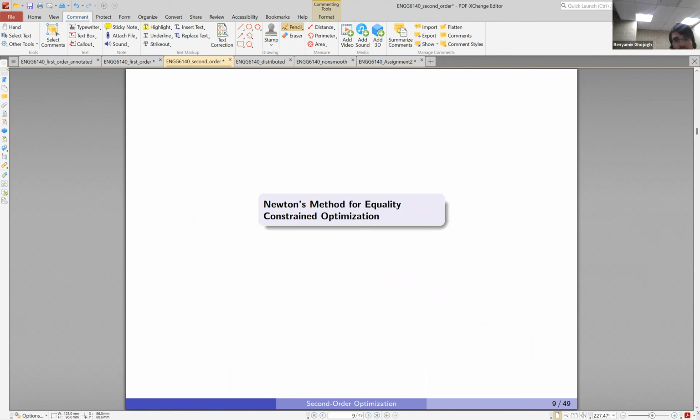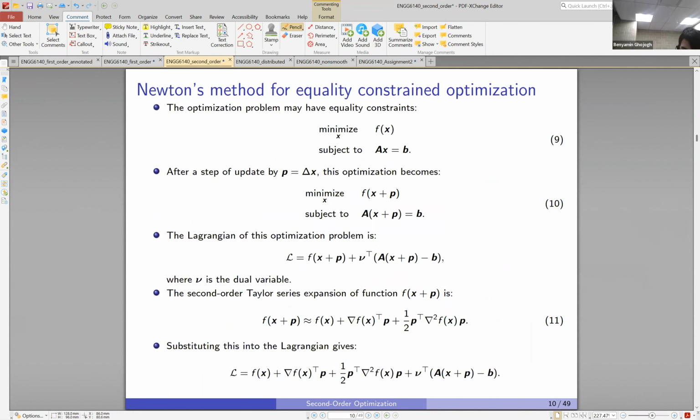Then we went to Newton's method for equality constraints. We said, what if we have equality constraints? For that, let's consider the next step in the optimization. Then we formed the Lagrangian, then the second order Taylor approximation. The Lagrangian again, we put it there.